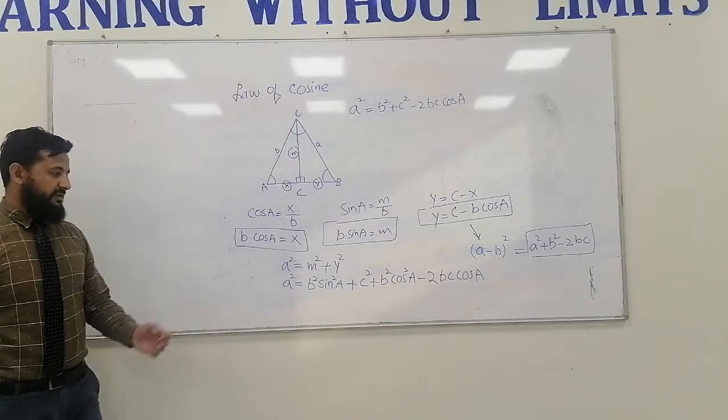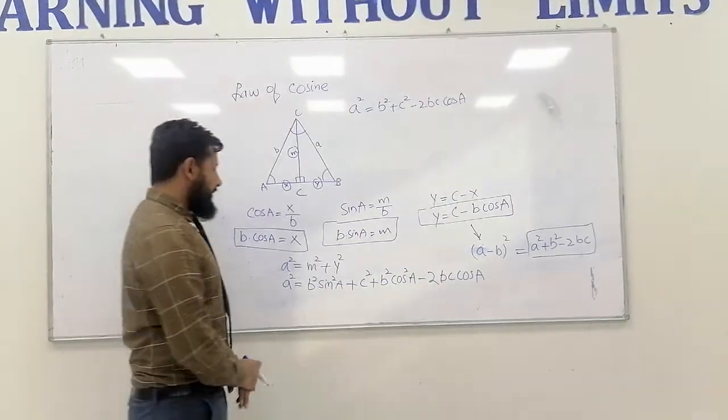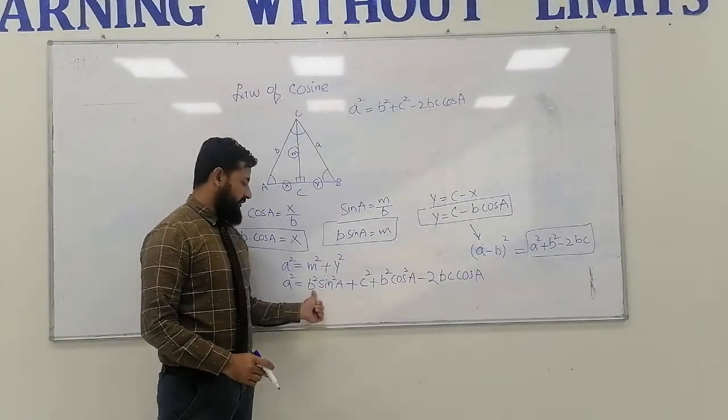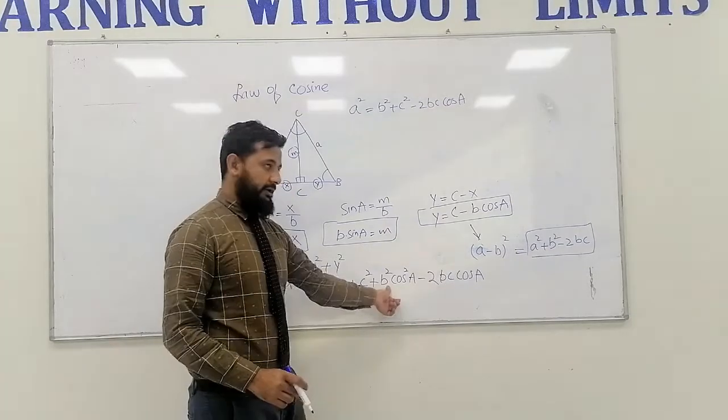Now we need to simplify it. What we can notice here is we have b squared here and b squared here, so they are common.